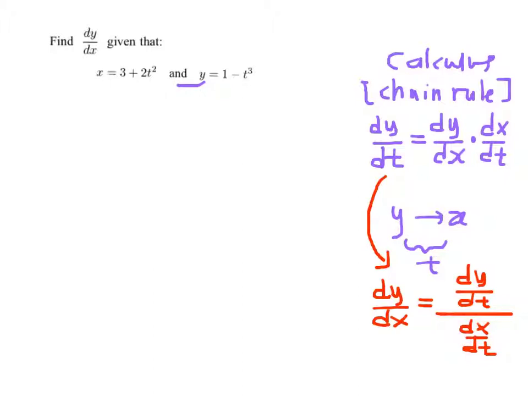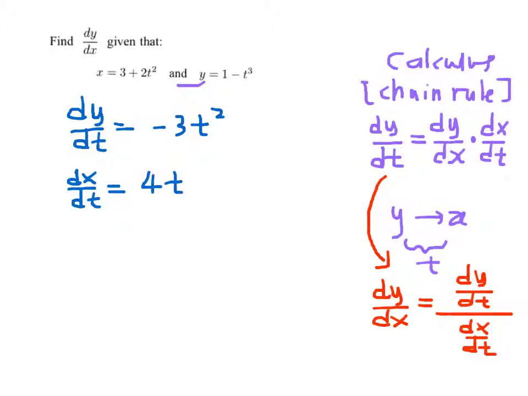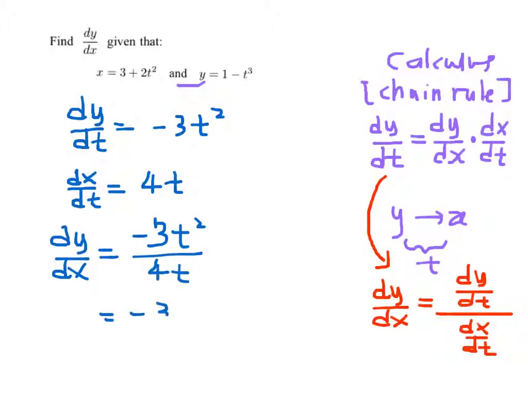Okay, so first we need to find dy/dt, and you get negative 3t squared, and we have dx/dt, that would be 4t, and finally your dy/dx is really negative 3t squared divided by 4t, or negative 3 over 4 t. t is a real number.